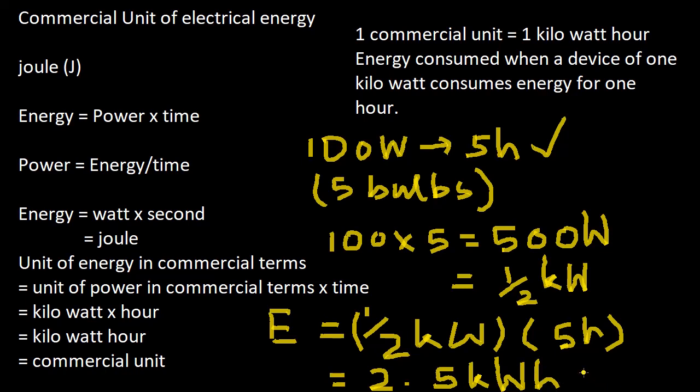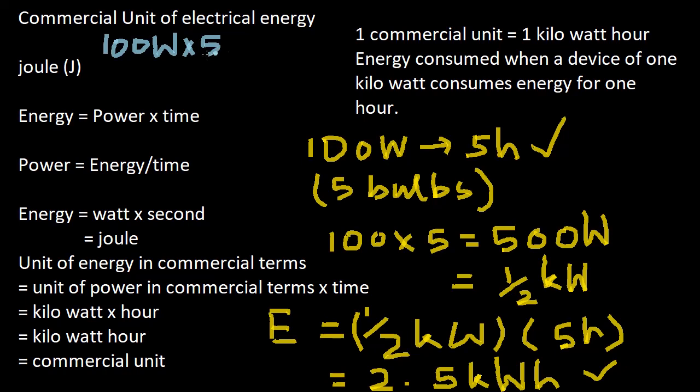However, if we want to calculate this in SI units, then we have to take the power and time in SI units. That is, we have to take power in watt and time in seconds. So let us take a look at that also. If we want to calculate it in SI units, then we have 100 watt multiplied by 5.